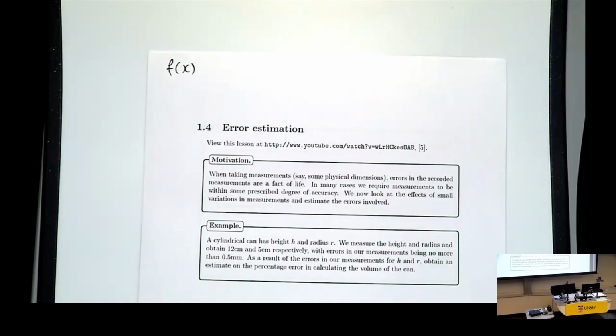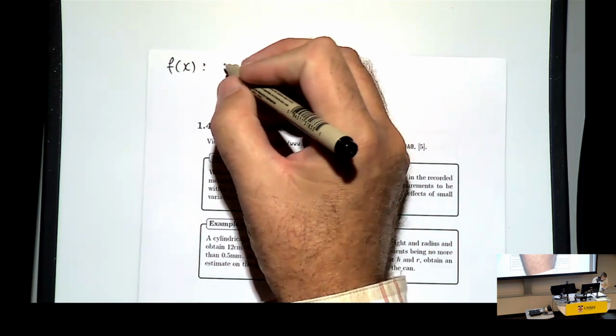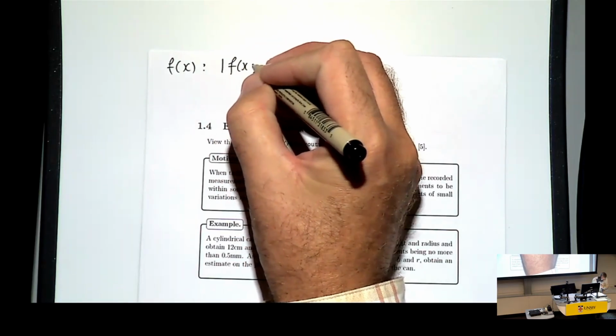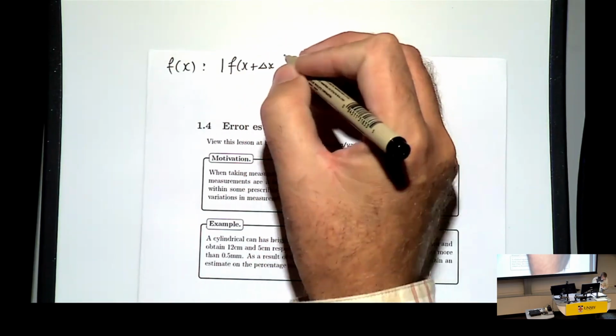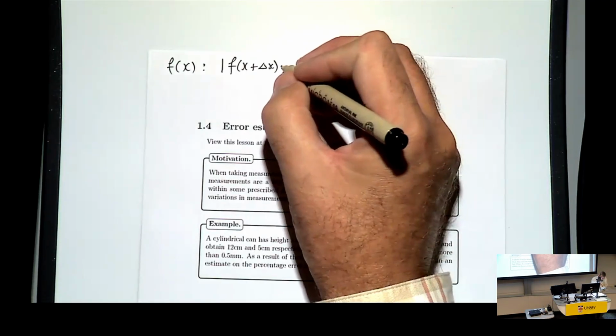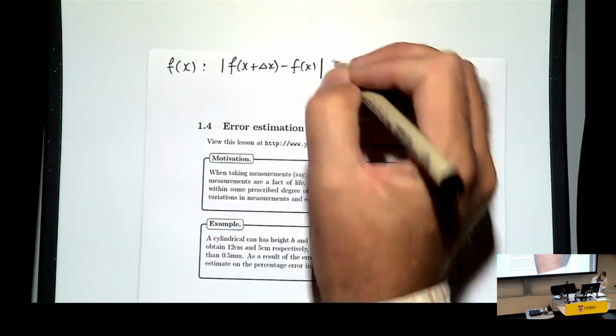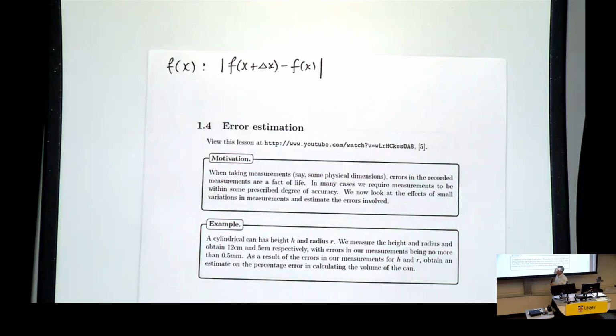So for functions of one variable, you would have looked at something like this. Now, the x is the thing that you measure or you estimate, but you're not 100% sure that it's entirely accurate and correct.